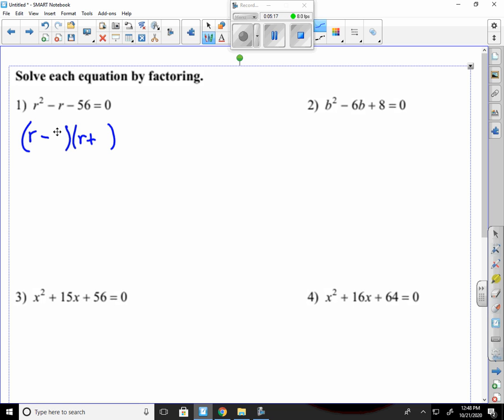So this gives me minus 8, because 8 times 7 is 56. It's a minus 8 and a positive 7, because negative 8 plus 7 gives me negative 1. It gives me r equals 8 and r equals negative 7.